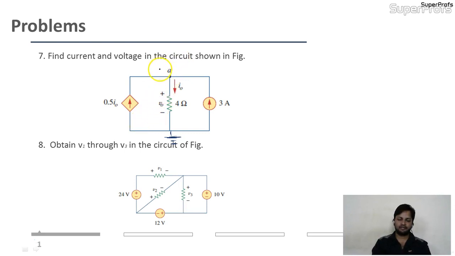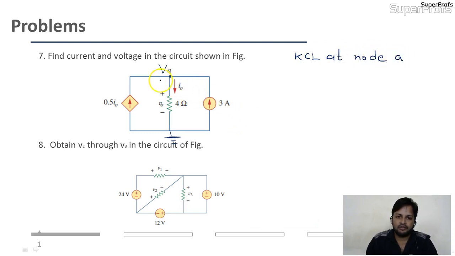So see, I assign the voltage across here. Now apply the KCL at node A. By applying KCL at node A, the incoming current, we assume the incoming current, minus I naught, minus 5 I naught.